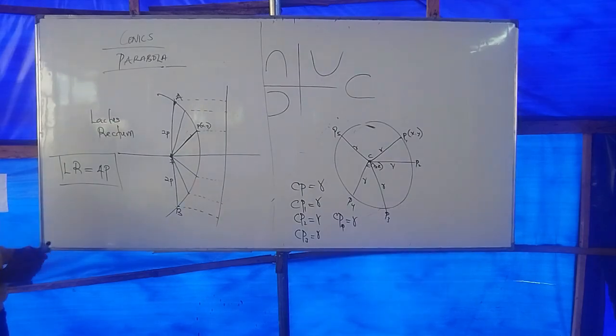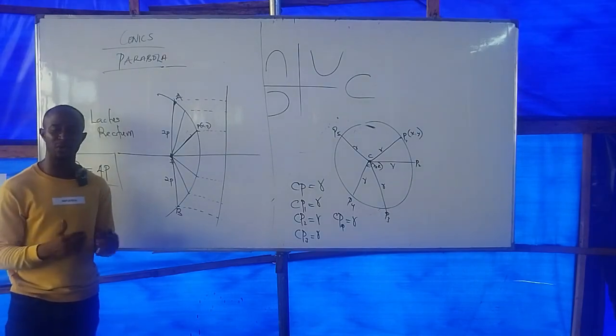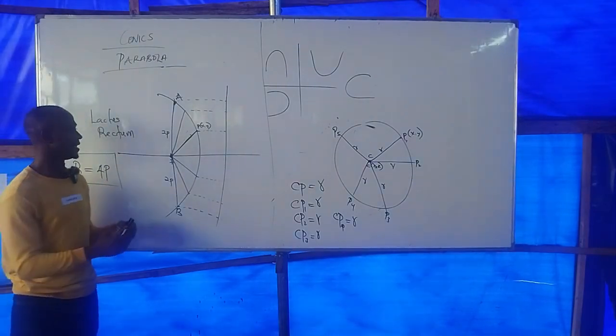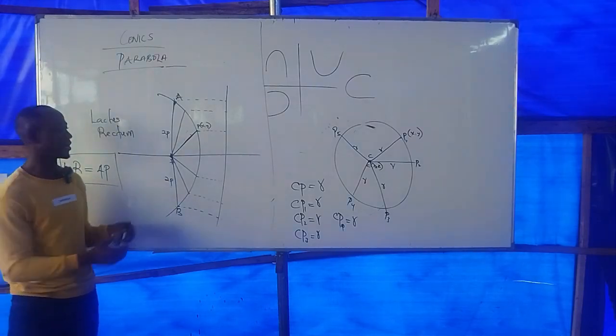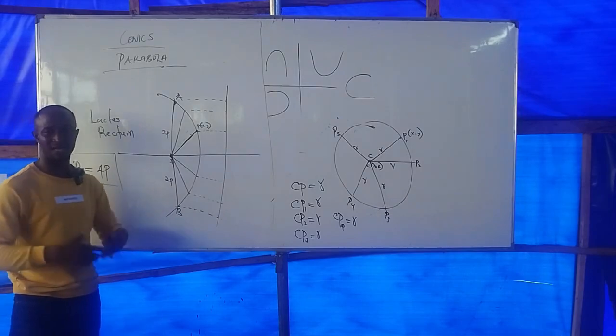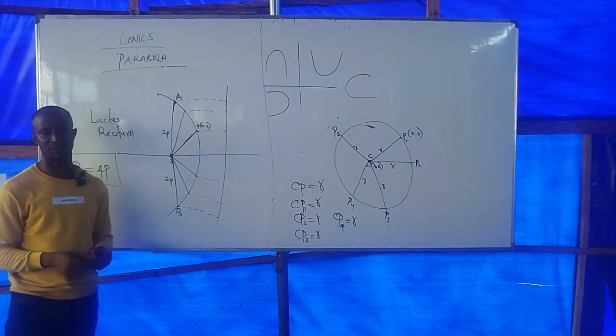Now there's another term called the vertex. The vertex is a point in a parabola where the turning effect of that curve takes place. I can say that the vertex is the turning point of the parabola.